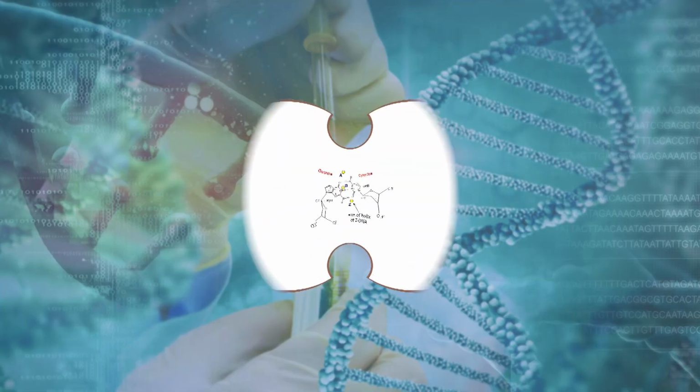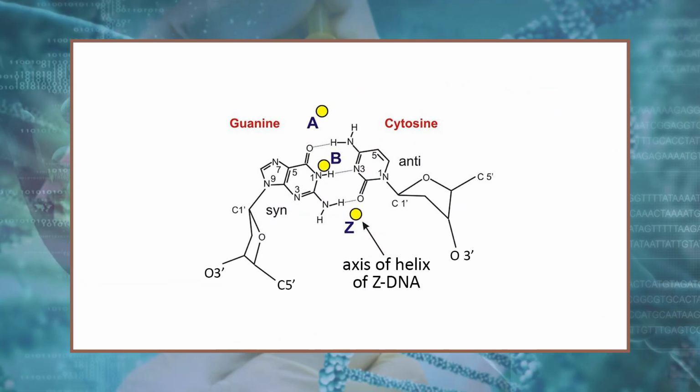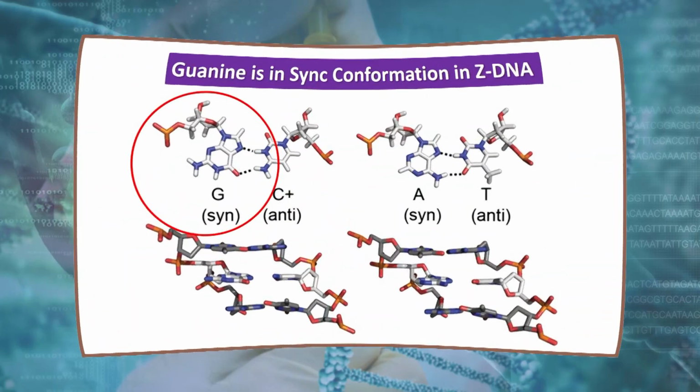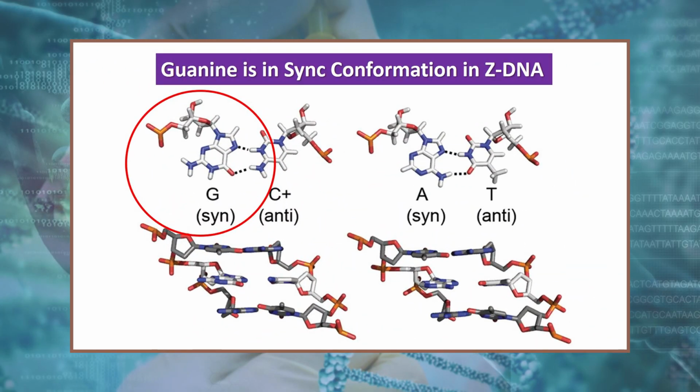Z-DNA can form when DNA is an alternating purine-pyrimidine sequence such as GC, GC, GC, and indeed the G and C nucleotides are in different conformations leading to the zigzag pattern. The big difference is at the G nucleotide, it has the sugar in the C3 endo conformation like A form nucleic acid, in contrast to the B form DNA, and the guanine base is in the syn conformation.